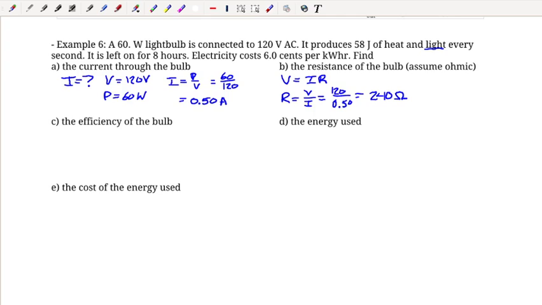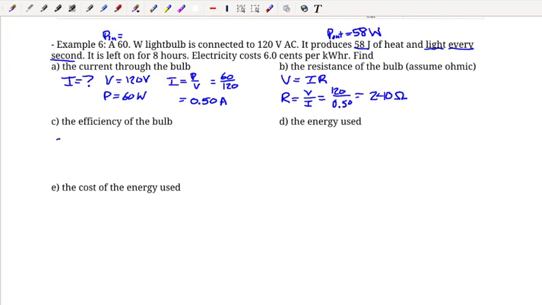Actually, we're told it produces 58 joules of heat and light every second. So this 58 joules every second is actually equivalent to 58 watts. So that's what it's producing. That's its power output. And the power input is going to be the 60 watts.